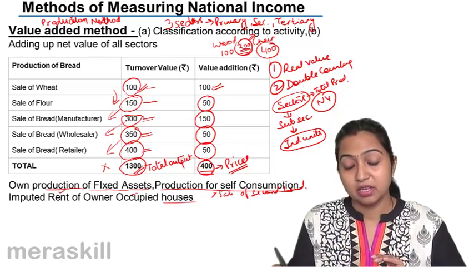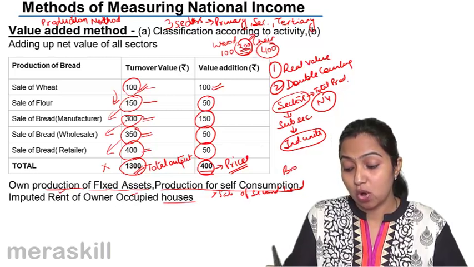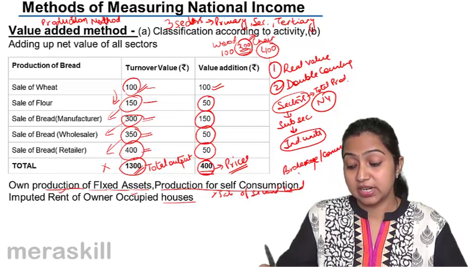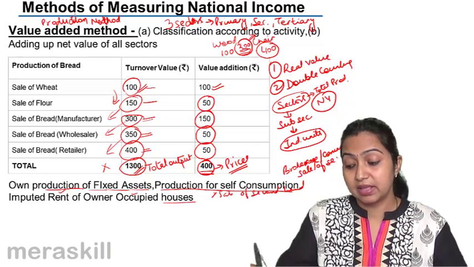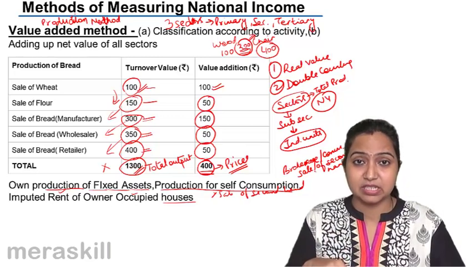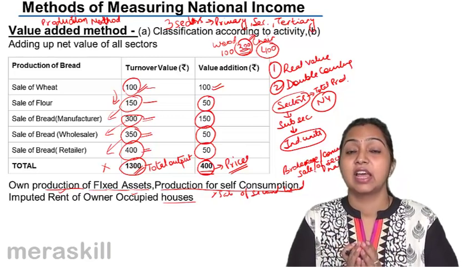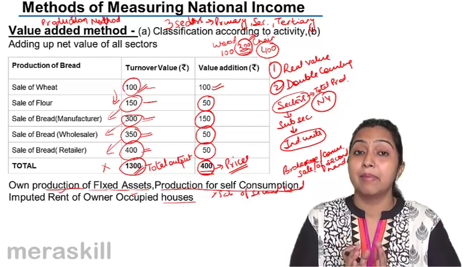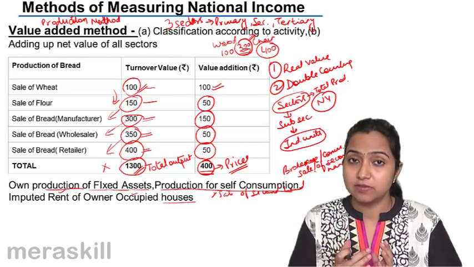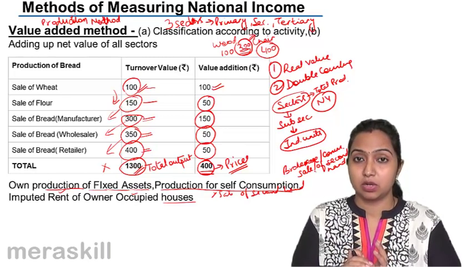On the same hand, if there is any brokerage or commission that has accrued on the sale of second-hand goods, then that would be included, because that is an income being generated in this present year. So sale of second-hand goods would not be included, but commission incurred on the sale of second-hand goods would be included.